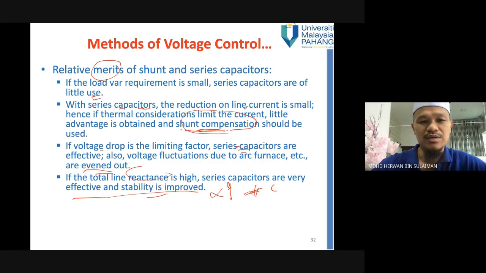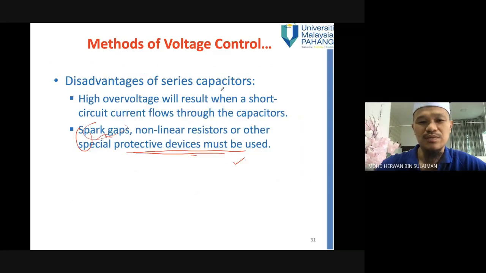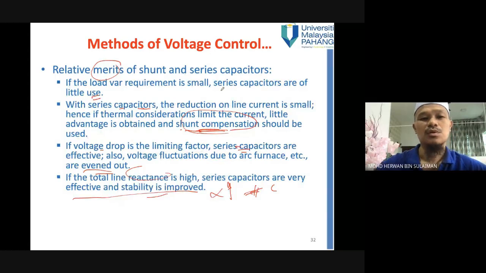Okay, these are the relative merits. Just now we discussed the disadvantages. So the merits of shunt and series capacitors: if the load requirement is small, series capacitors are little used. With series capacitors, the reduction in line current is small, so the thermal condition limits the current. Little advantage is obtained, so shunt compensation should be used.